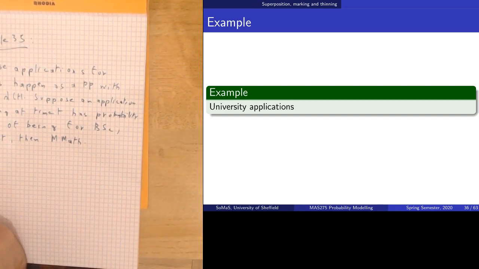So we can mark those by saying the first type is the BSc, the second type is the MMath.